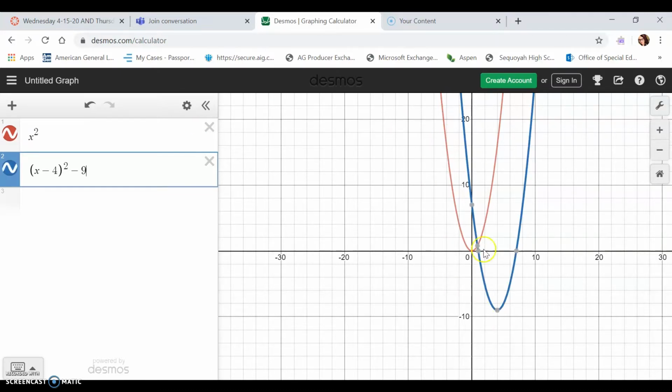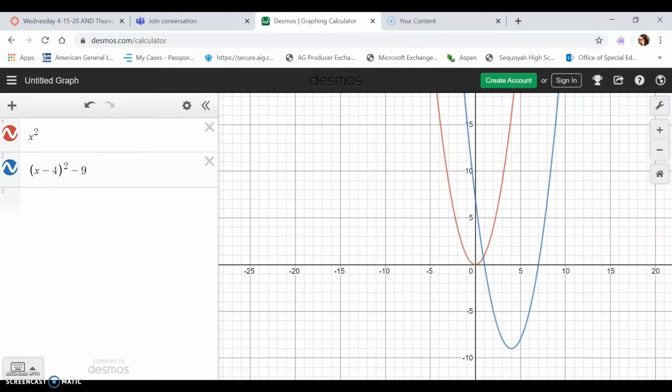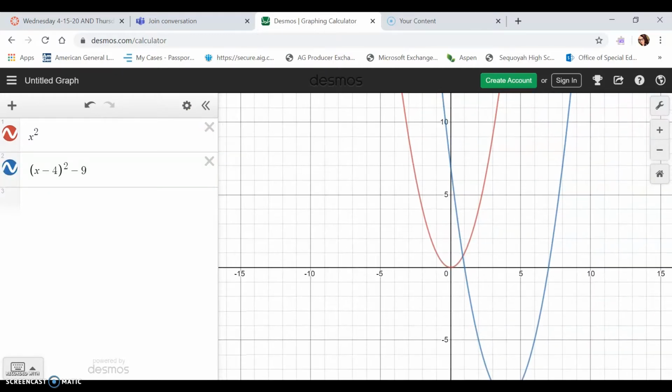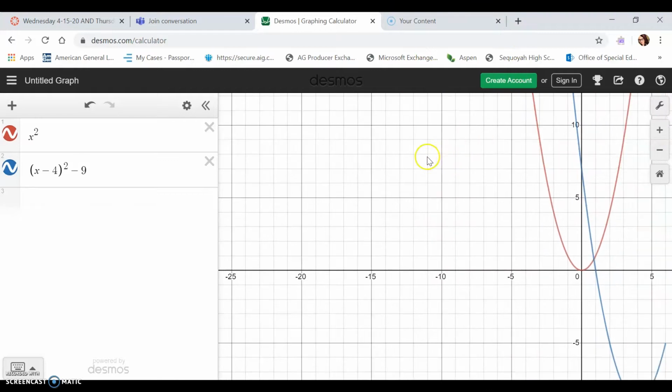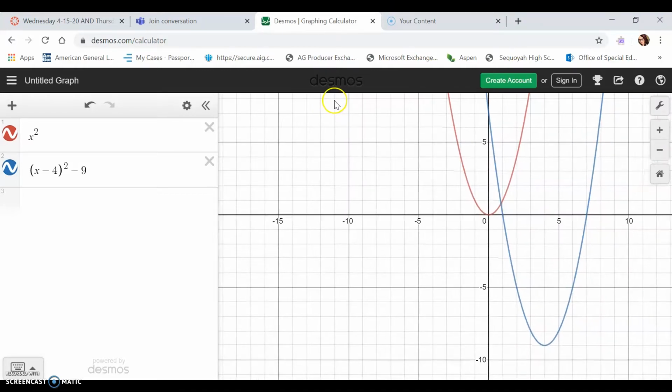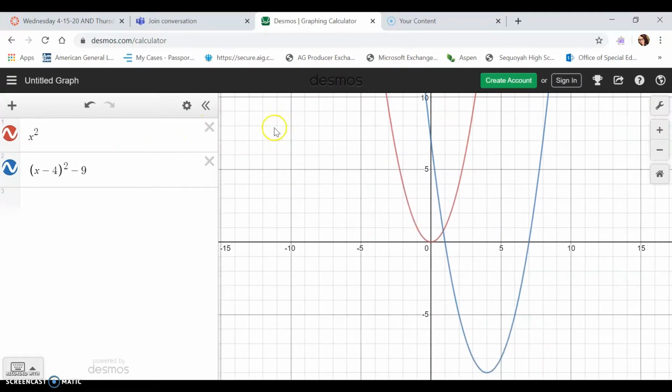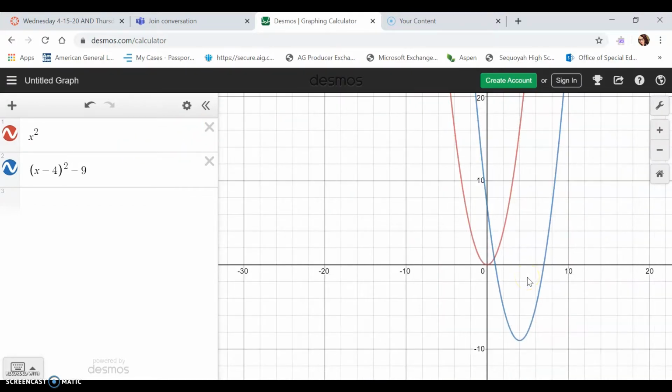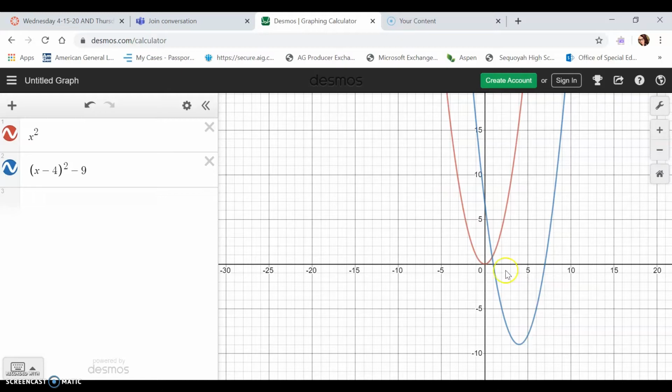Okay, so if you're looking here to the right at the graph, you're starting with the red graph. That red graph is your parent function, which is y equals x squared. And so we went to the right 4 units, and then we went down 9 units.